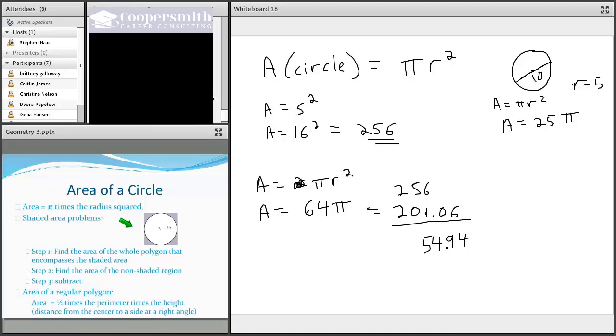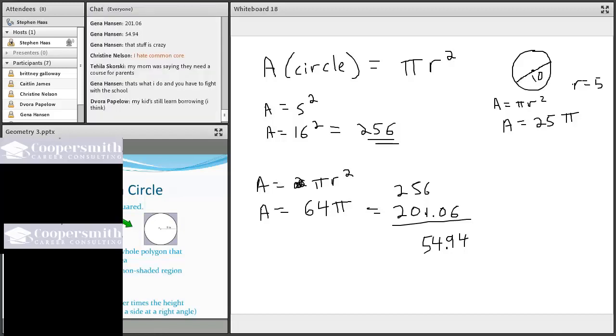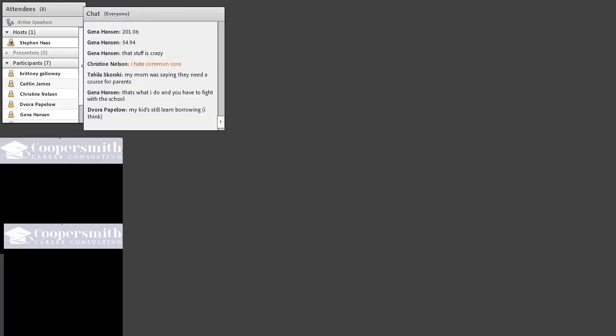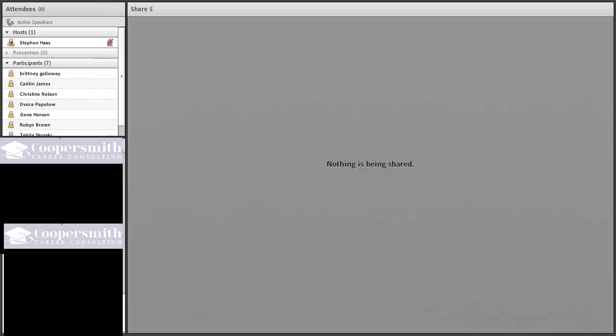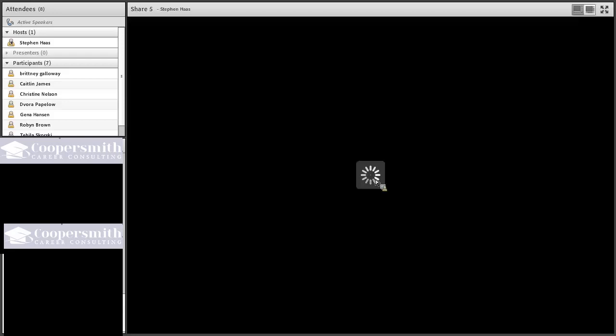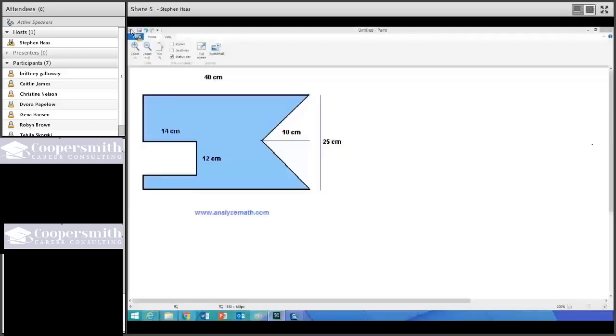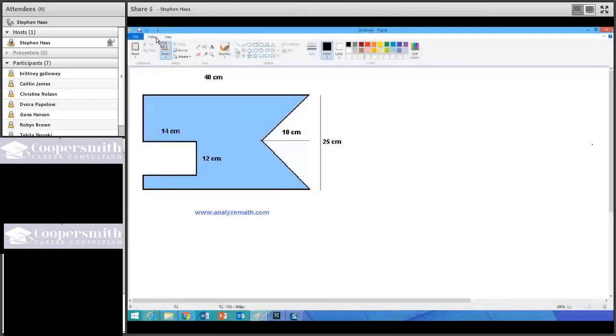Okay. Now what I want to do is look at problems that are a little bit more complex, and for that we're going to do a little bit of screen sharing. Okay, can everybody see my Microsoft Paint with this really scary looking problem in the middle?